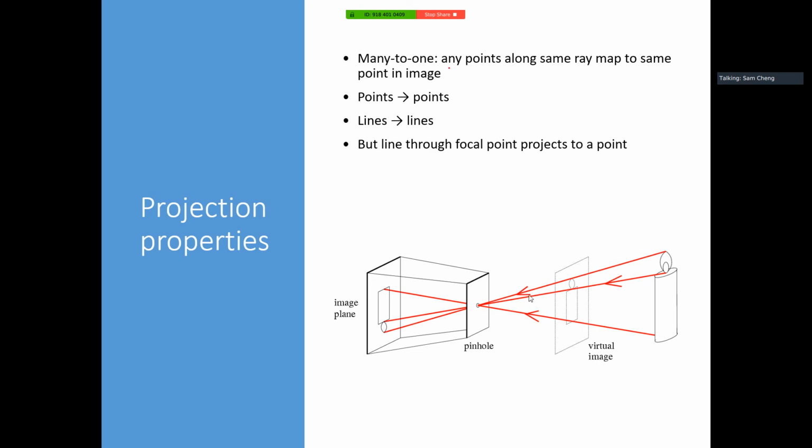It's possible when they lie along this line here. For example, if I take the tip of this fire, and go along this line, I'm not sure you can see my cursor here, right? If I consider points along this red line here, all these points will project to the same point here.